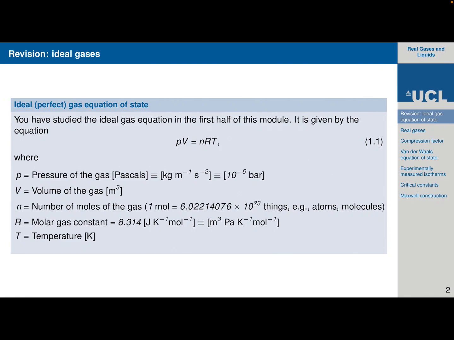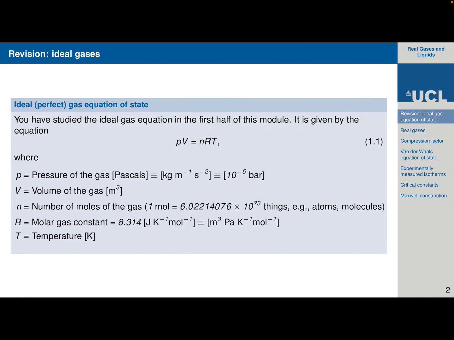And as you've seen in the first half of this module, this equation works very well under a range of conditions, and we can use this equation to examine various problems as you've done in the first half of the module. But it doesn't work well under all conditions, and particularly it doesn't work well at very high pressures or very low temperatures.